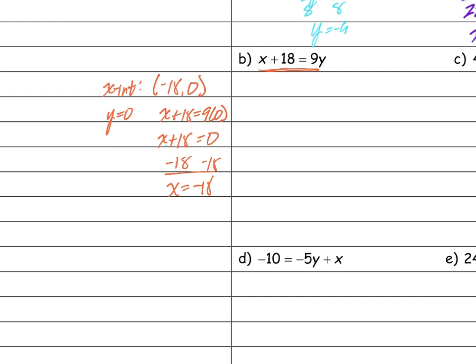Then I'm going to do the same thing for the y-intercept. Well, close to the same thing. For the y-intercept, I set x equal to 0. If I'm finding the x-intercept, I take the opposite variable, which is y, and set it equal to 0. If I'm finding the y-intercept, I take the other one, which is x, and set it equal to 0.